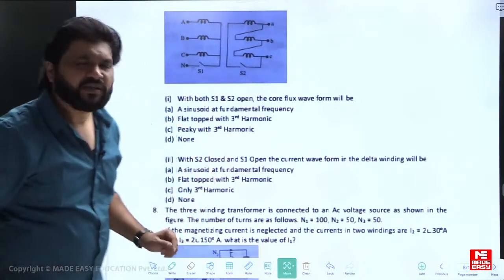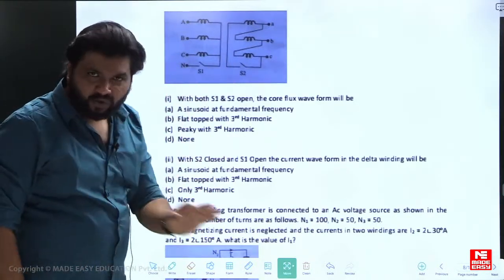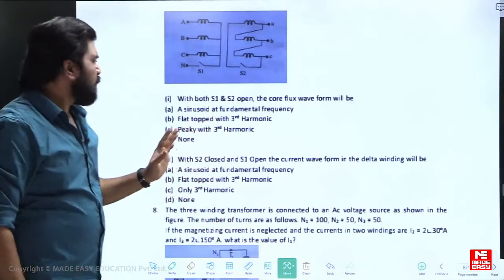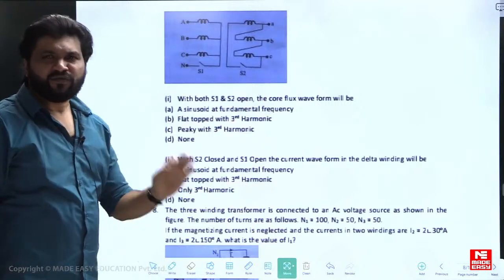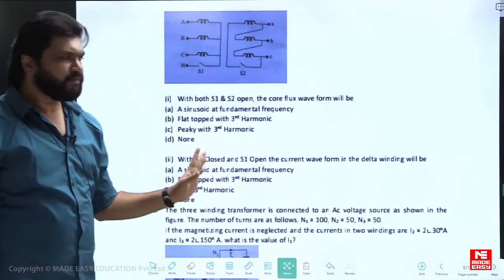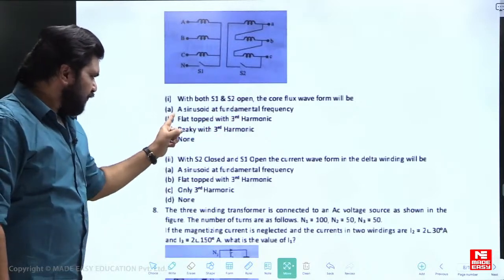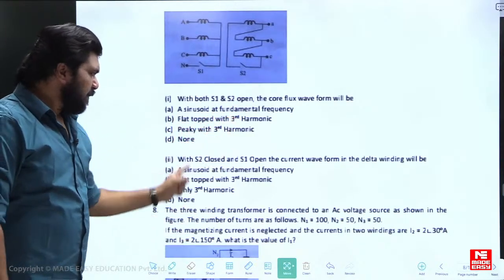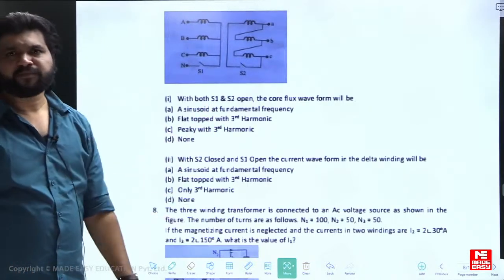So what I want to convey is, when switches are open, third harmonic current can't circulate. So with both S1, S2 open, the core flux will not be sinusoidal for sure. The options: sinusoidal at fundamental frequency, flat topped with third harmonic, peaky with third harmonic, none. What will you answer?